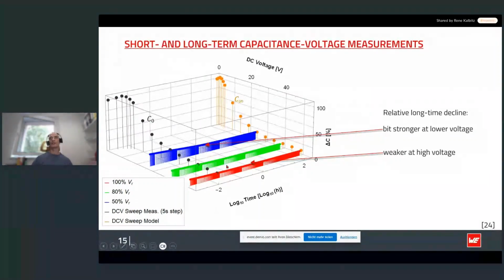The blue, green, and red graph is the aging effect for 50, 80, and 100% of the rated voltage respectively. The orange graph is the modeled long-term capacitance decrease. When looking at it, one cannot help but think, well, the long-term process does not do too much, does it? And I think, yes, that's right.